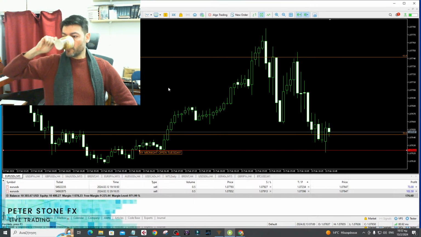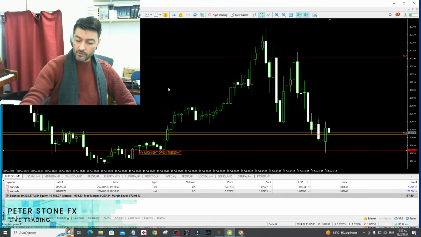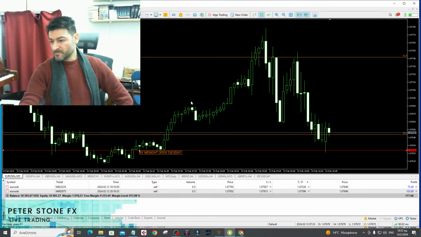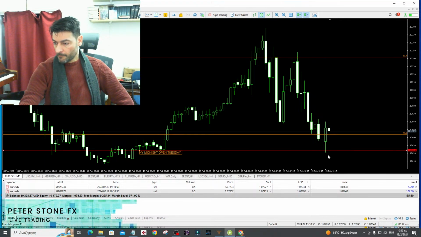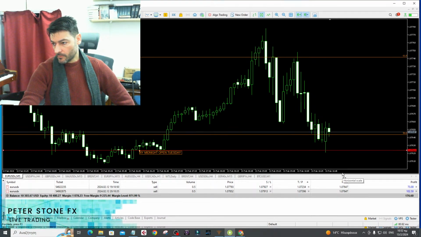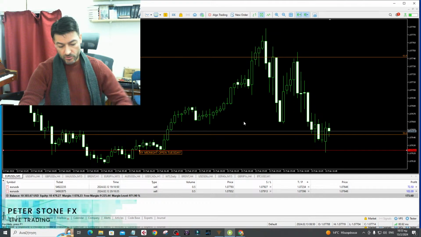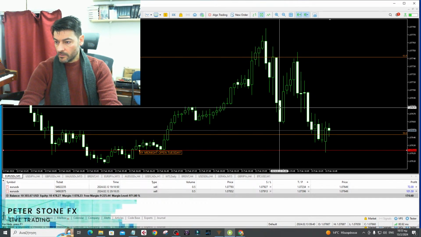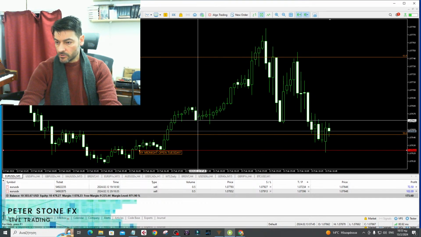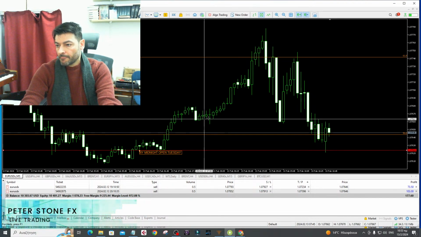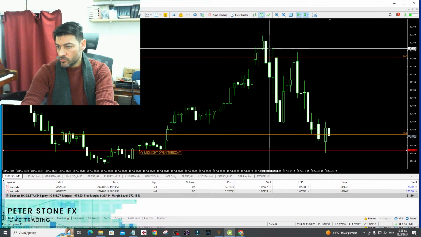We are waiting to continue the move down. Here we see the break of market structure. This body broke this market structure. This is lower than this one.